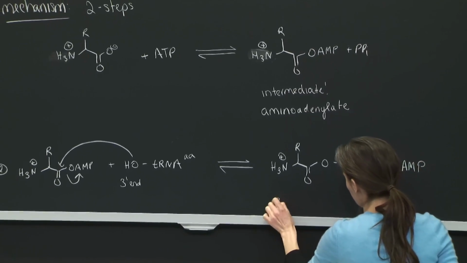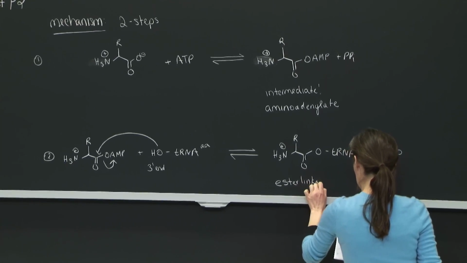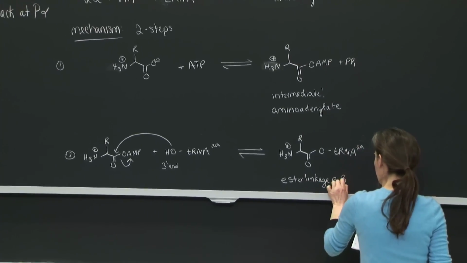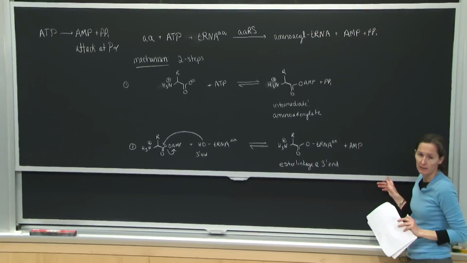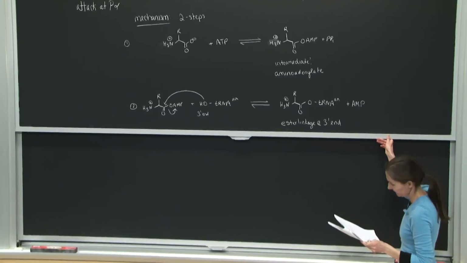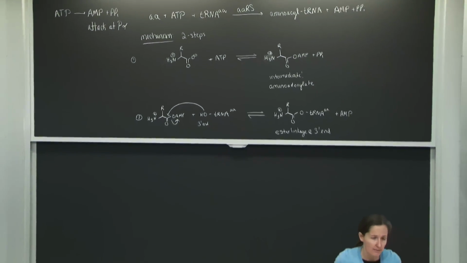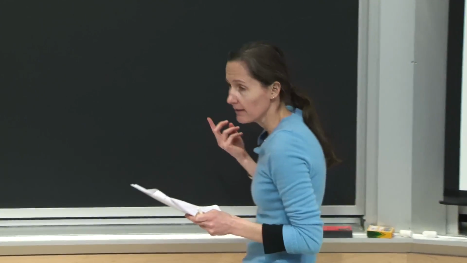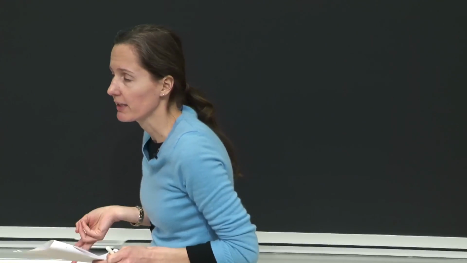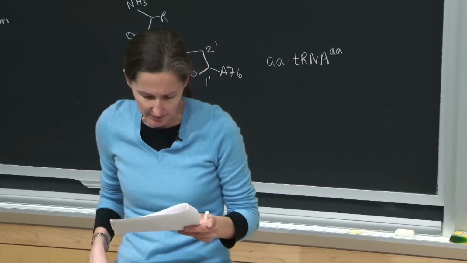So here we have the ester linkage at the 3' end, like what we see on that board here, to give us our aminoacyl tRNA. So we see in step 1, there's formation of this aminoadenylate intermediate, and in step 2, there's transfer of the amino acid monomer to the 3' end of the tRNA here.